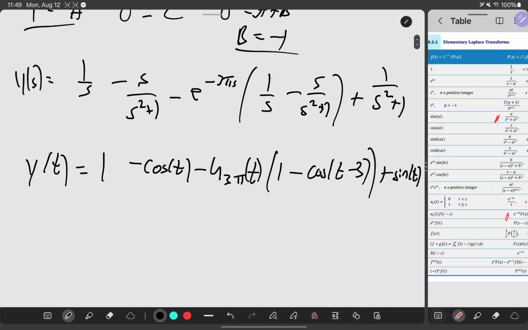Can we see? Yes, we can simplify this. So 1 minus cosine of t minus u to the 3 pi of t. That's a 3 pi. Because t minus 3 pi is equal to, well, negative cosine of t, right?